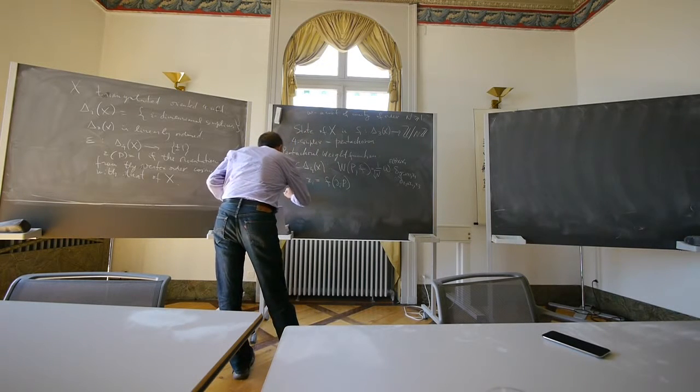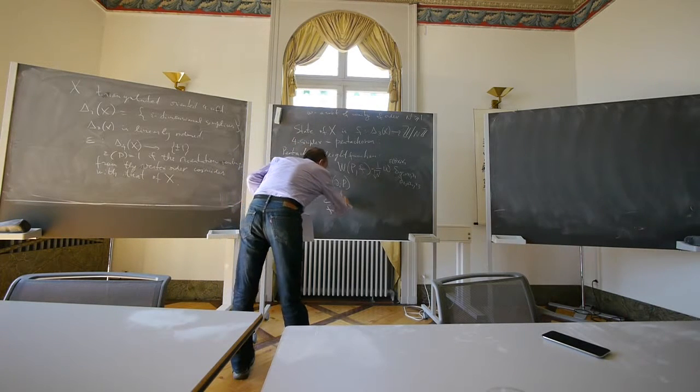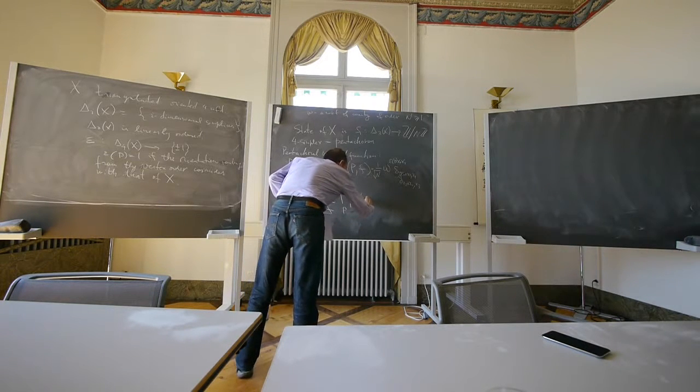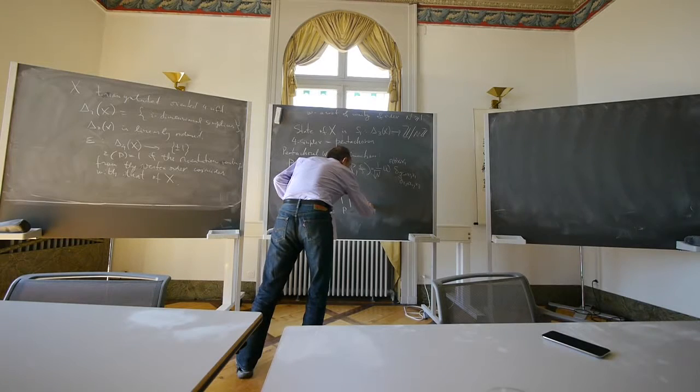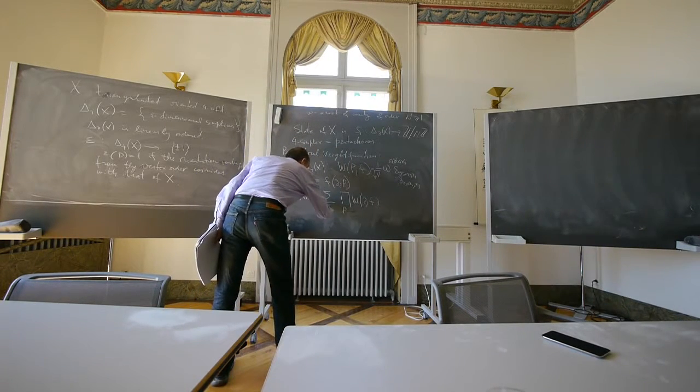And we define M omega of X as a sum over states, product over all pentachora of the weight functions, and divide by n to the power number of vertices.